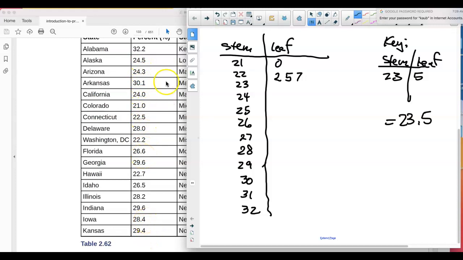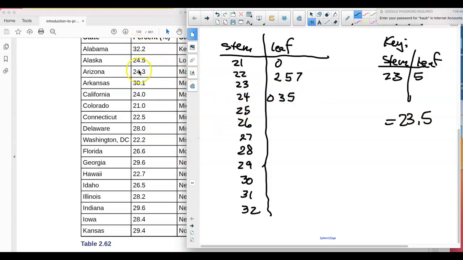There isn't one. 24, a 0.5, a 0.3, 0.0. So a 0 would go first on 24. 24.0. We don't have any other 24s down here, so it would be 0.3 and 0.5. So 3 and 5 here.